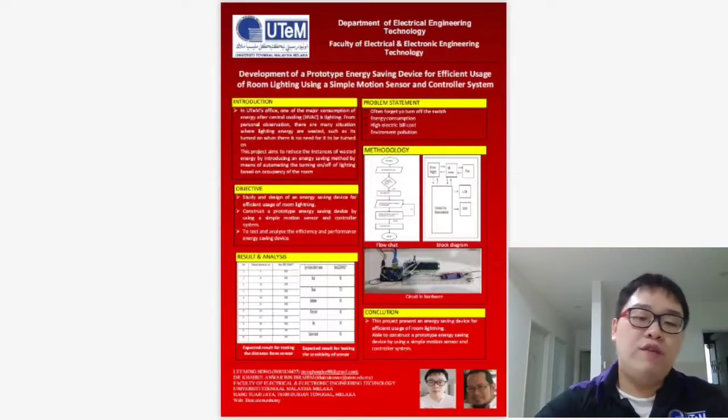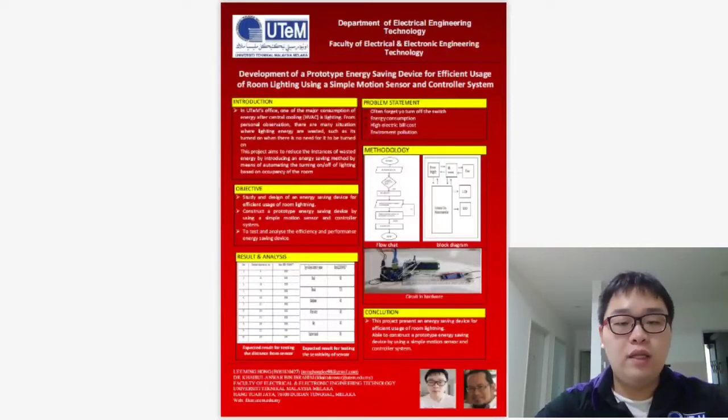My project objectives are to study and design an energy saving device for efficient use of room lighting, to construct a prototype energy saving device by using a simple motion sensor and controller system, and to test and analyse the efficiency and performance of the energy saving device.